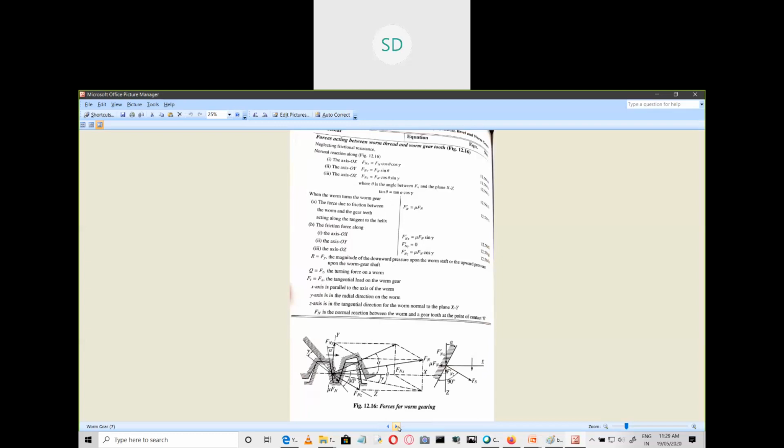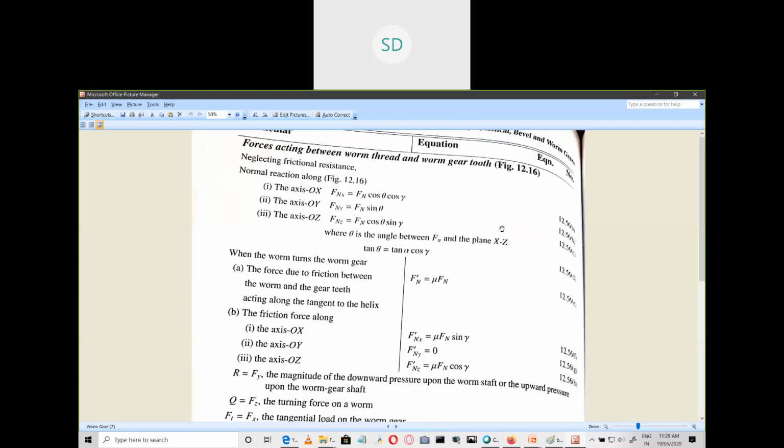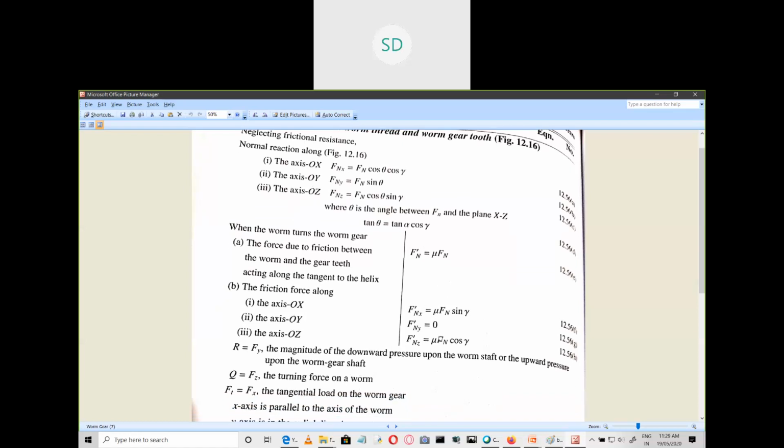Question number 12.5. Okay. Suppose you want to calculate the forces in different directions, neglecting the frictional resistance. What is the force you can obtain in x direction, y direction, as well as z direction?